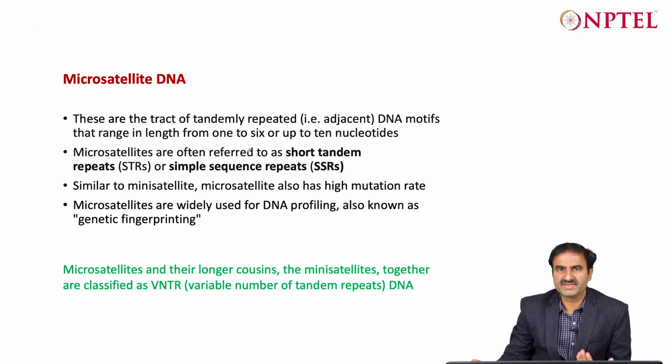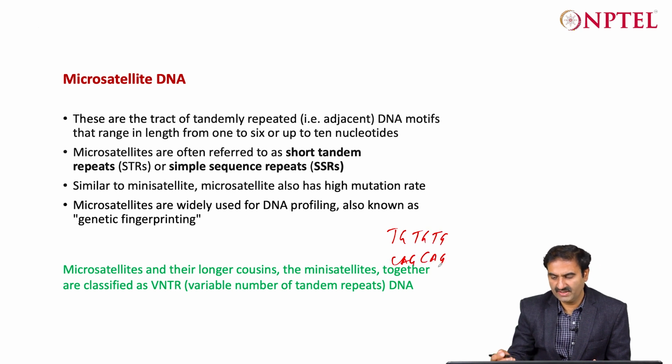Microsatellites, as I mentioned, are simple sequence repeats or short tandem repeats, STRs. They are also like minisatellites and also have a high mutation rate. An example is TG, or CAG.